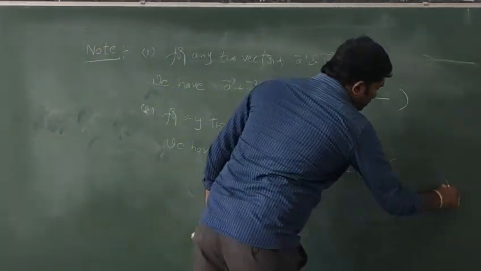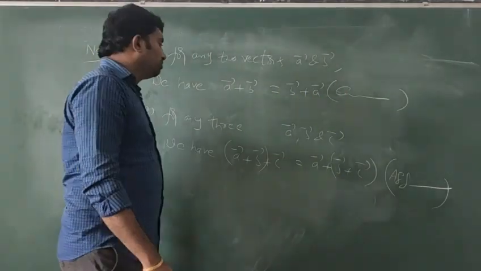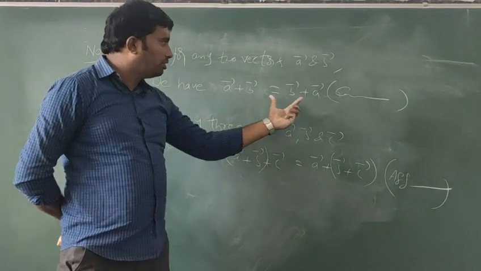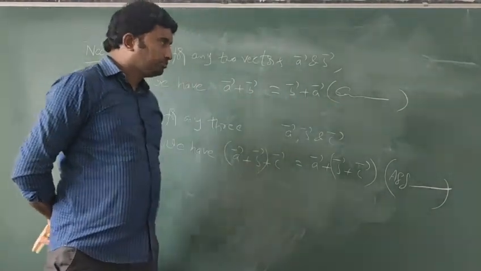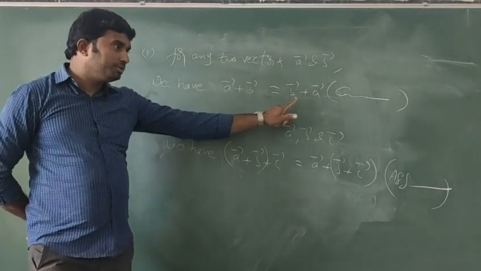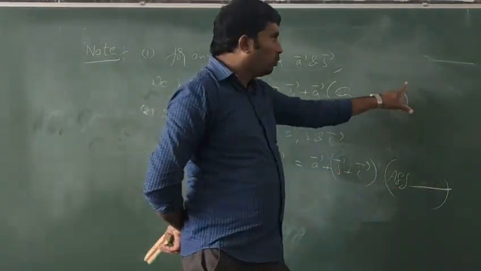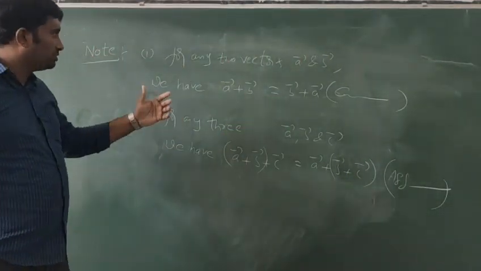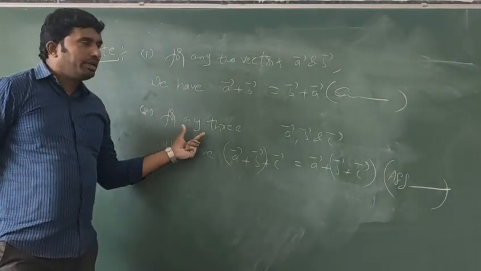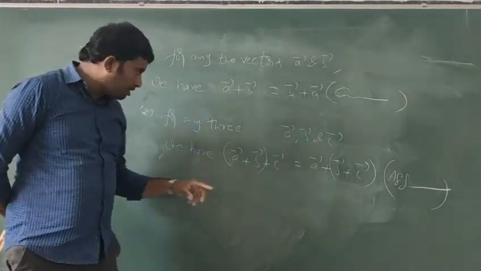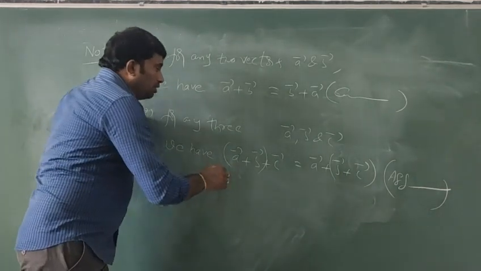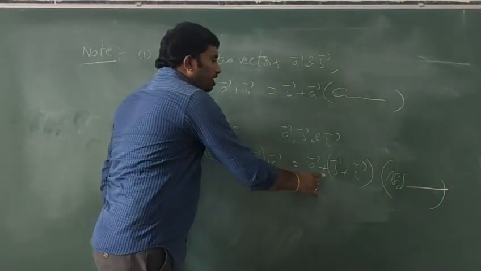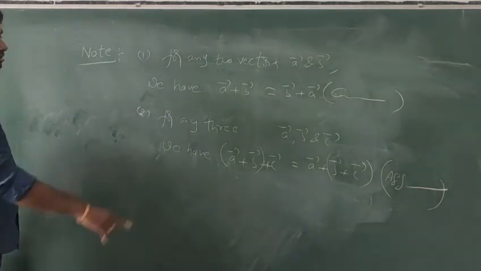The first one is commutative, and we can prove it by using the parallelogram law of addition of vectors. One diagonal is A bar plus B bar, another diagonal is B bar plus A bar. Just remember it as a note. Second one: for any three vectors A bar, B bar, and C bar, (A bar plus B bar) plus C bar is equal to A bar plus (B bar plus C bar), associative.